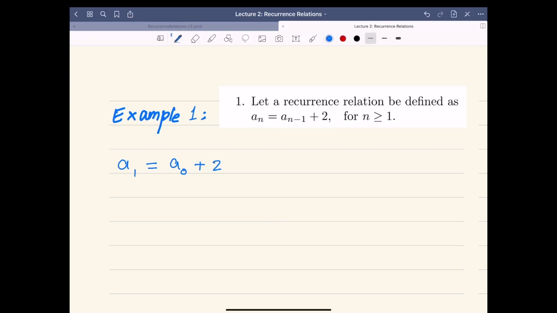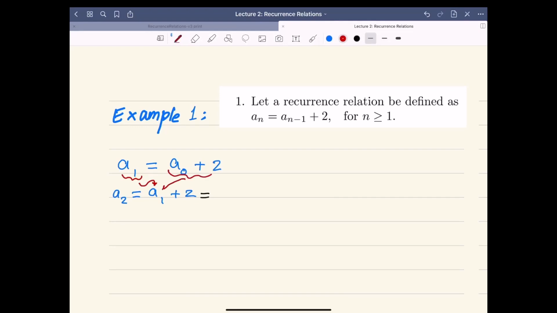Now for the next term, which is A2. From this relation, A2 is equal to A1 plus 2. The value of A1 is already found from the previous step, so substitute it here.